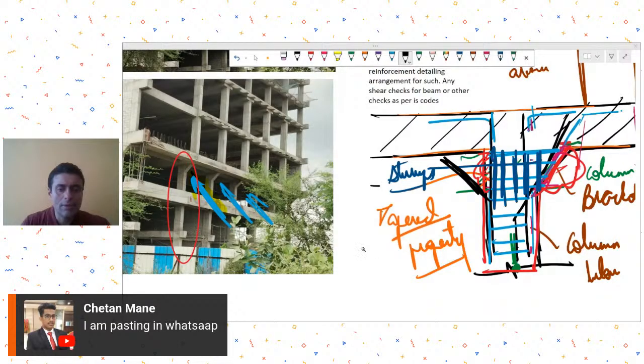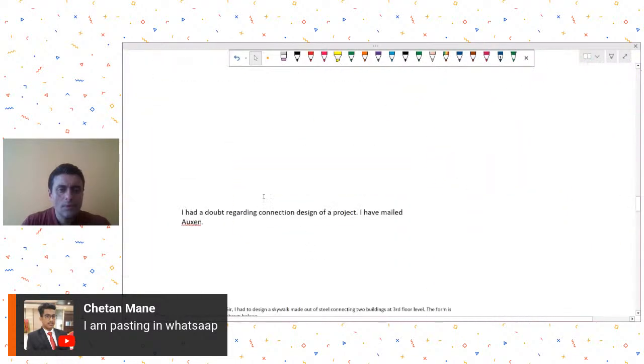Now we have Engineer Chetan's question. Let me see what he's asking. The screenshot is not very clear. I'll just paste his query. Wait a minute.